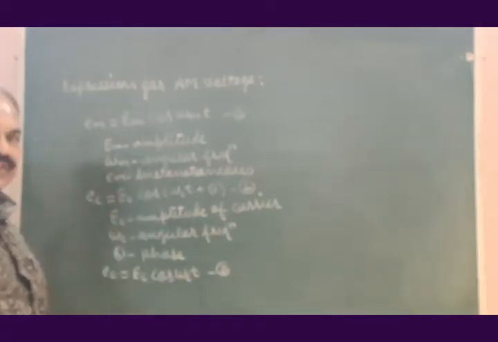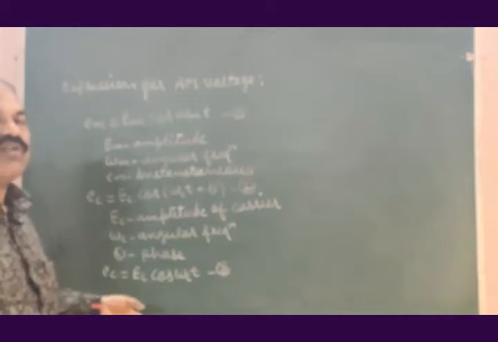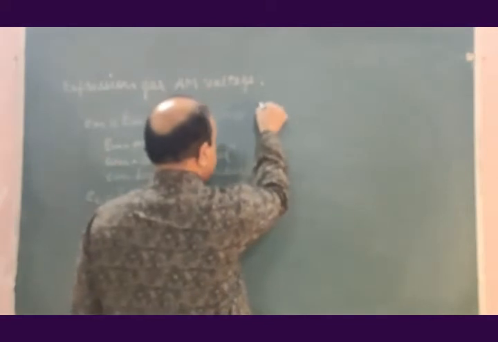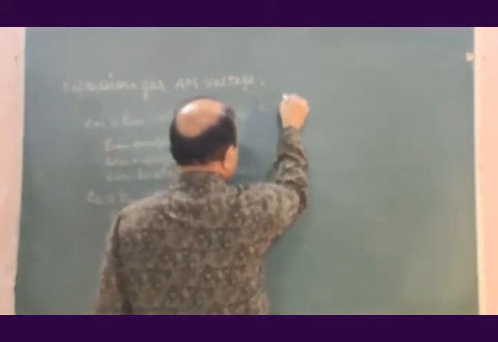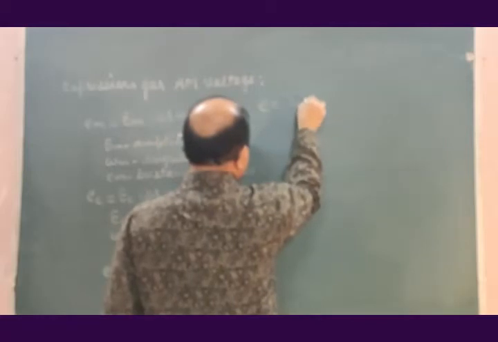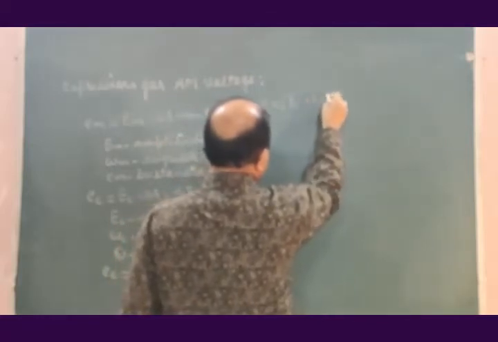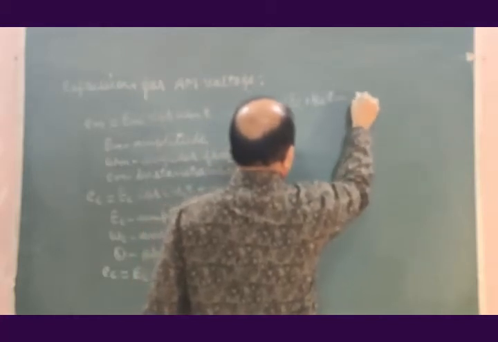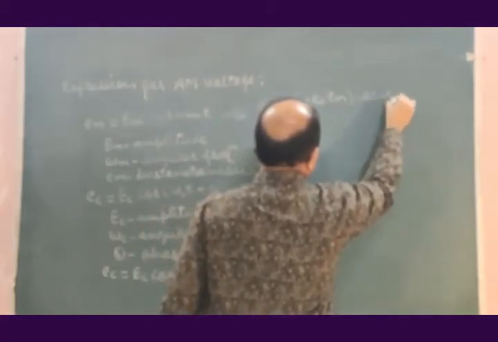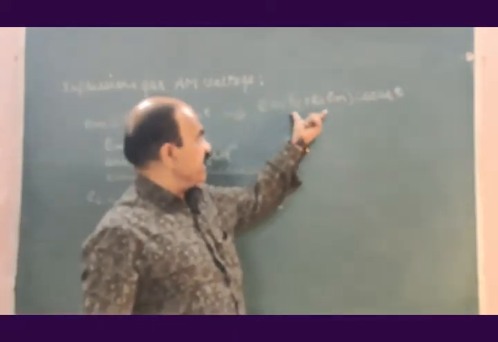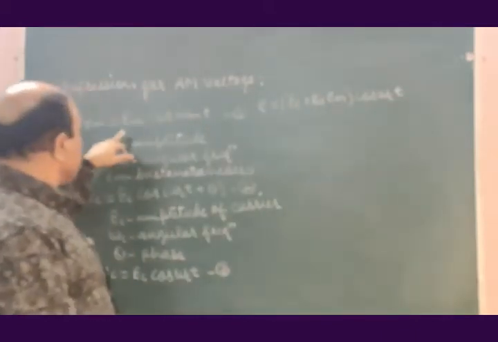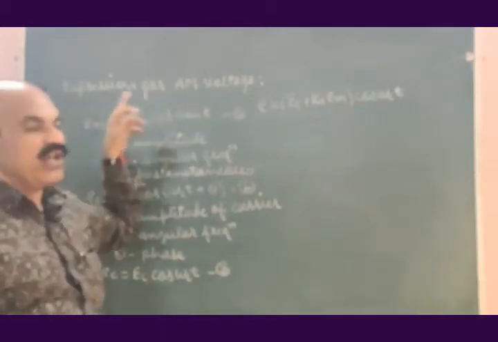According to this definition, the expression for amplitude modulated voltage must be E is equal to EC plus KA small em cos omega ct. This EC is varied as EC plus KAEM. What is EM? Instantaneous value of modulating voltage.